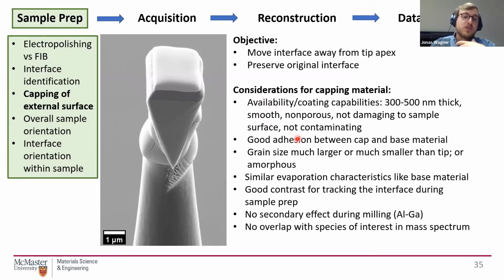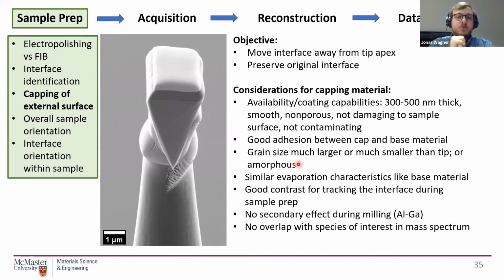When choosing the material, you should also consider the grain size that the capping material will have in the end. We either want something that is amorphous or with a much smaller grain size than your material, or than the tip, or a much larger grain size.